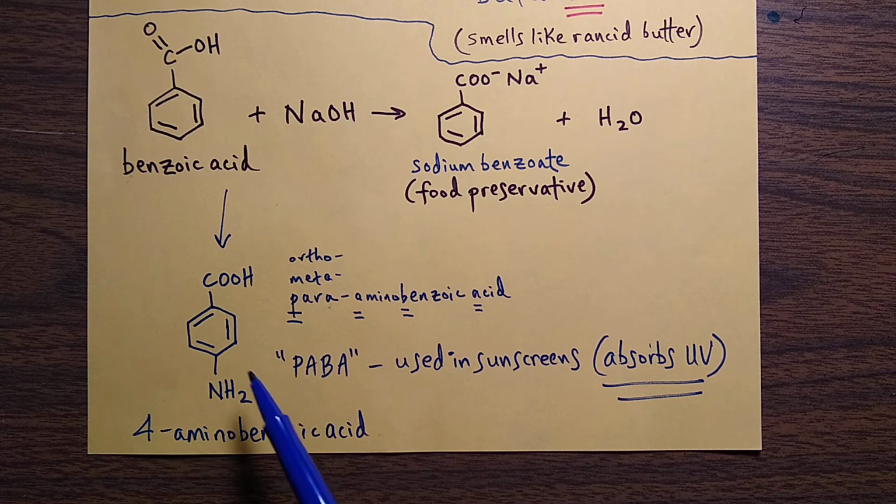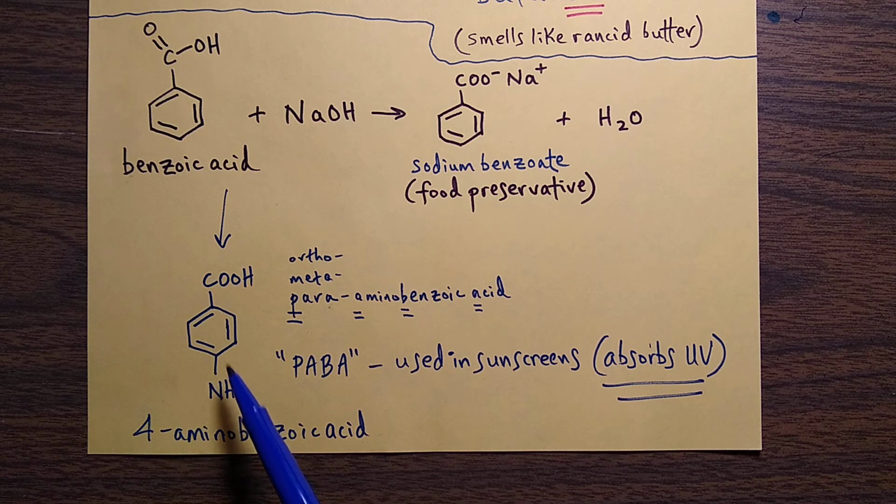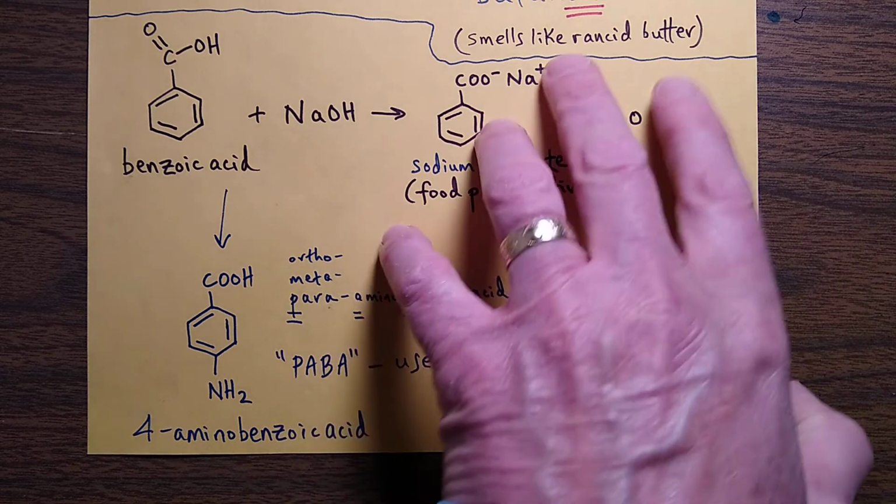But molecules like this with benzene and this group here can absorb ultraviolet light, so that's how they use them in sunscreens. They absorb the light and convert it into heat instead of your skin cells absorbing the ultraviolet rays. It acts as a shield. So let's continue here with naming some of these.